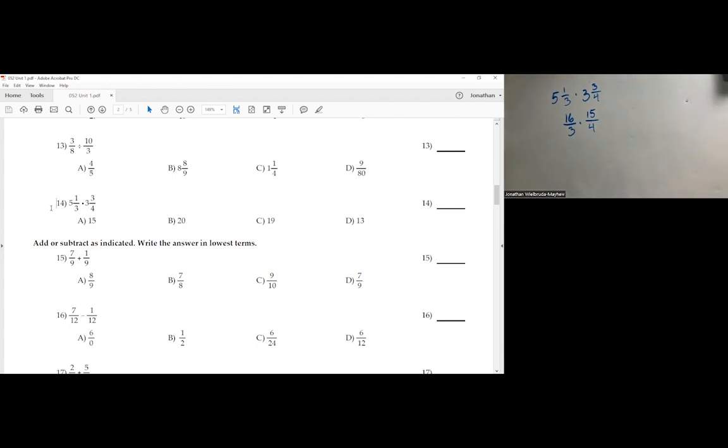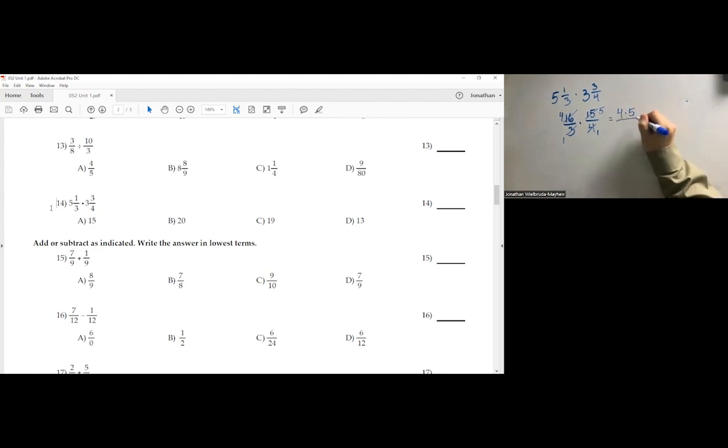You're going to have one heck of a time multiplying straight across the top, straight across the bottom, and then simplifying. These are big numbers. But we can cancel. We can make these numbers smaller while keeping the problem exactly the same. 16 and 4 are both divisible by 4. 16 divided by 4 is 4. 4 divided by 4 is 1. 3 and 15 are both divisible by 3. 15 divided by 3 is 5. 3 divided by 3 is 1.